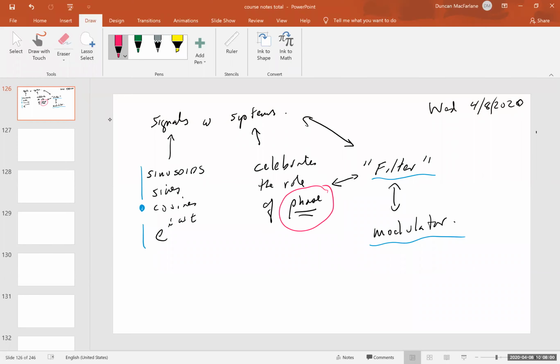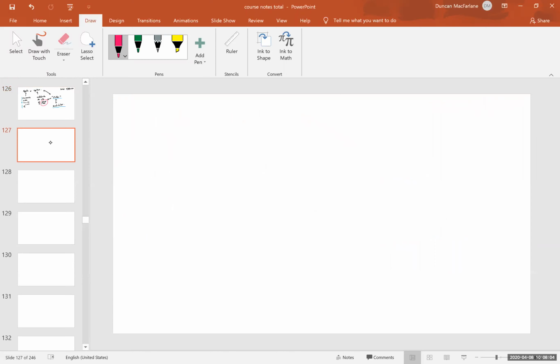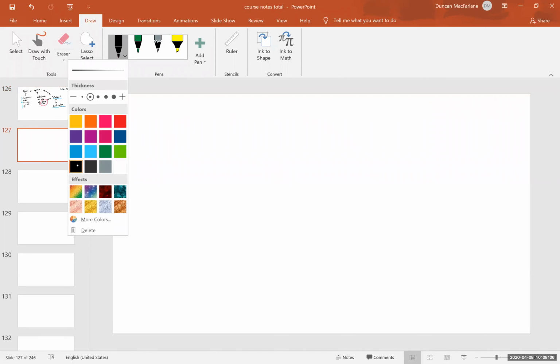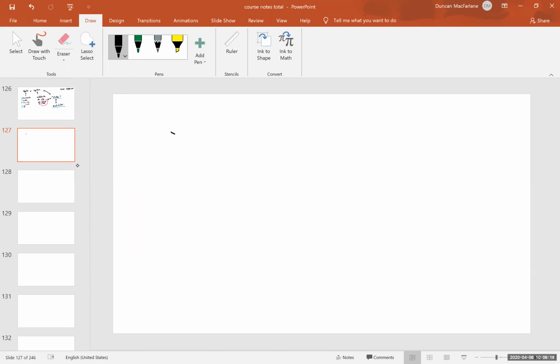phase in this problem. So the device that I'm going to talk about, I'm not going to name it, because if I name it, it's a bunch of people's names that are going to scare you off. So I'm just going to draw it, and I'll tell you what I'm drawing.